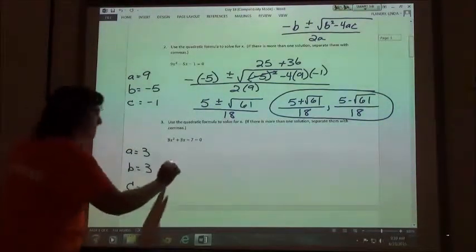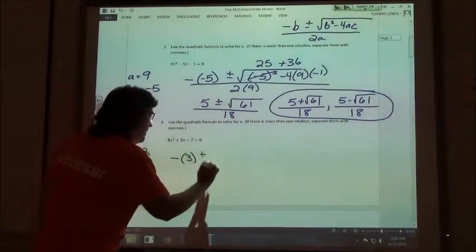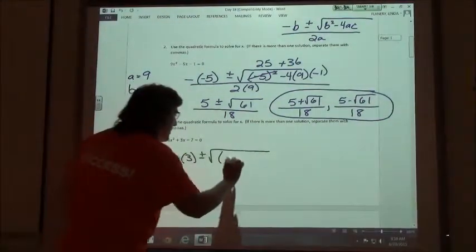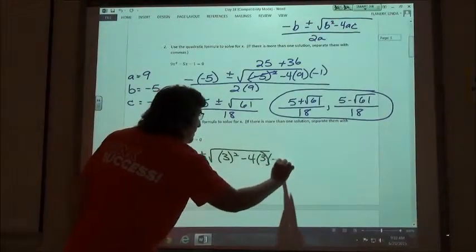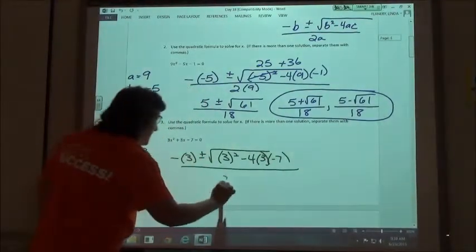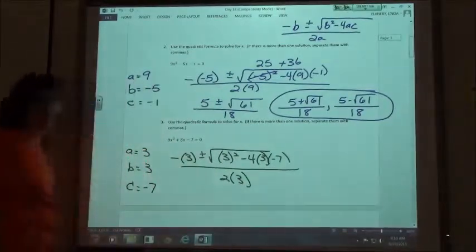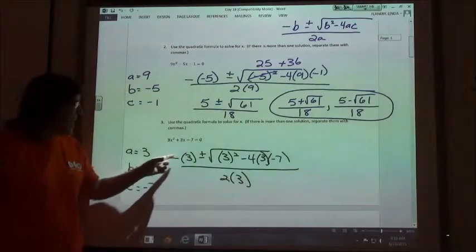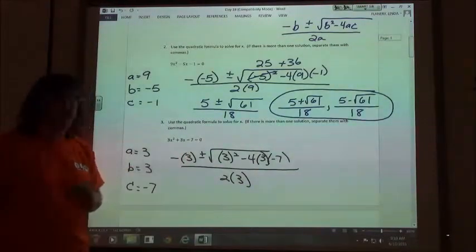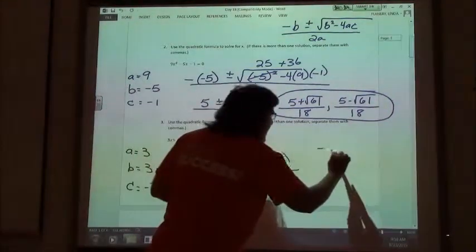Negative 3 plus or minus the square root of 3 squared minus 4 times 3 times negative 7 all over 2 times 3. So again, I really don't need the parentheses around the 3, but just for sake of properness, I have minus the 3, so we can just write that as negative 3.